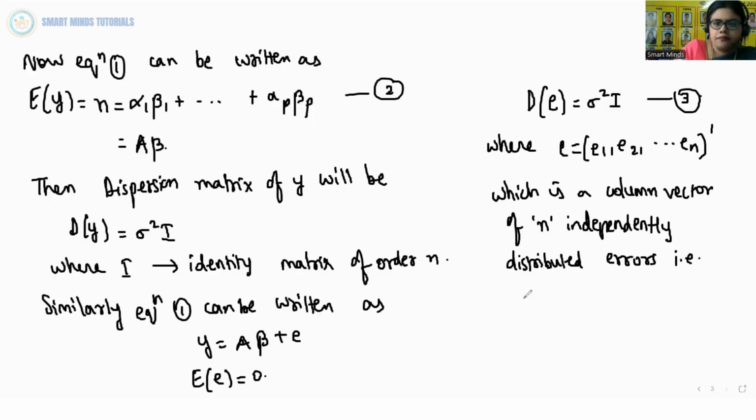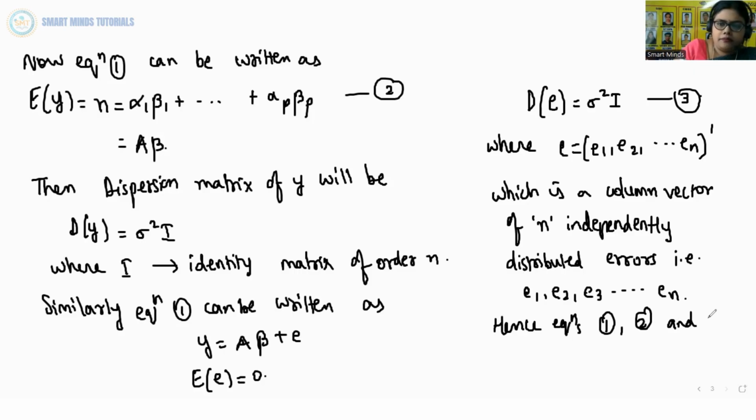That is e1, e2, e3, so on up to en. Hence, equations 1, 2, and 3 are known as Gauss-Markov linear model.